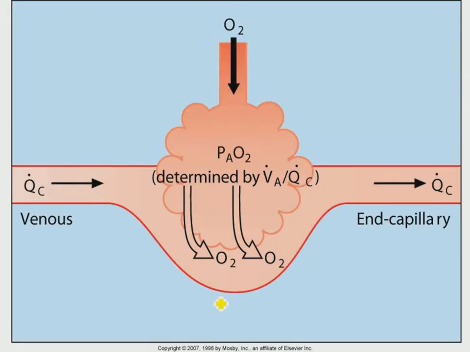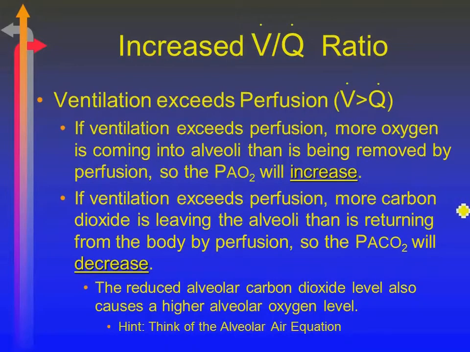And this is kind of what we were just saying as far as the amount of oxygen that is present is determined by how much you're pulling off and how much you're bringing in. Now there are a couple of different scenarios. Let's talk about a situation where my VQ ratio is increased, meaning ventilation is more than perfusion.